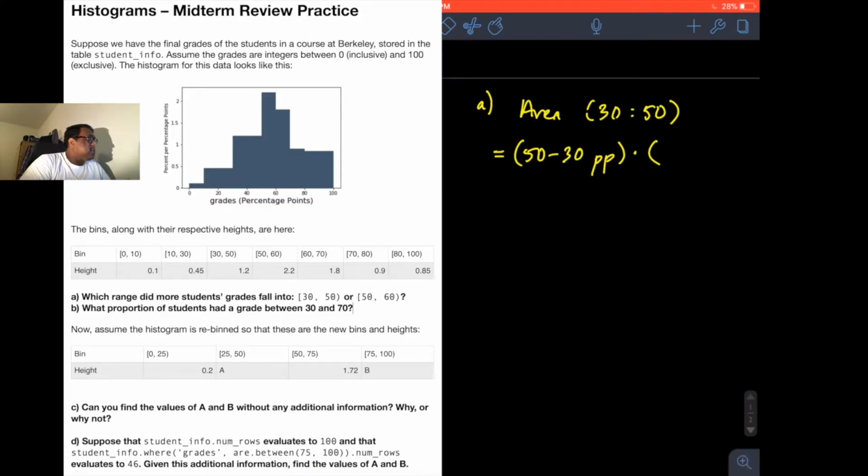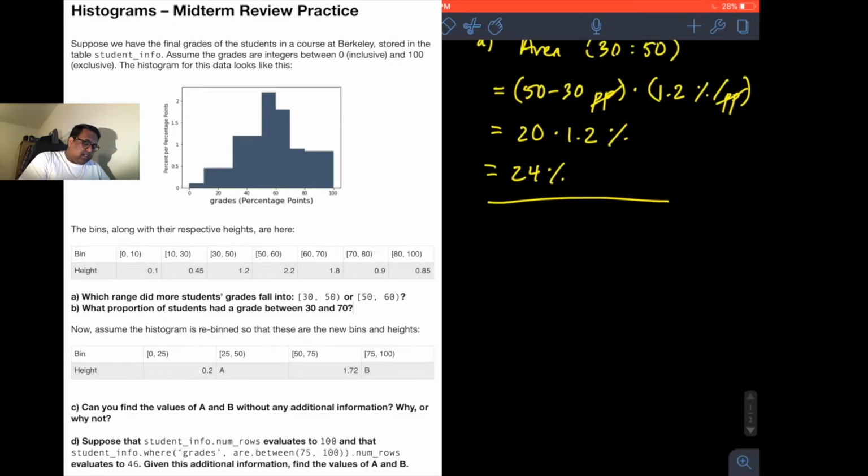And our height is, it tells us it's 1.2% per percentage points. Okay? So this is equal to 20 times 1.2% because the percentage point units cancel out. And what's 20 times 1.2%? That's 24%. Okay, so that's the area of the 30 to 50 bar.